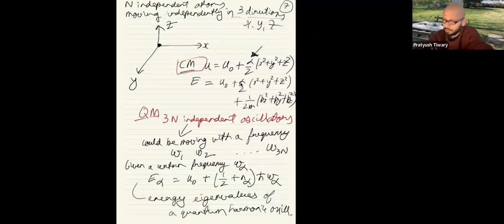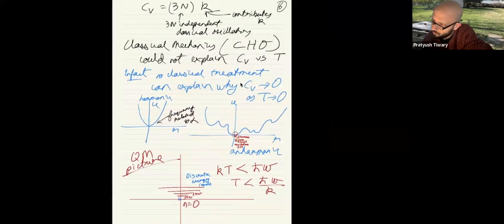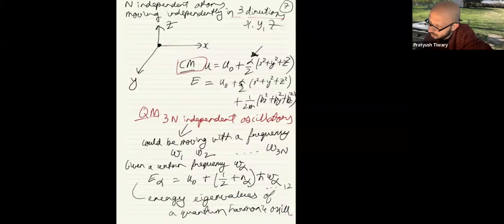So what does it mean? Let me give you an intuitive sense for this. I will write down this equation on the next page, and this is equation number 12.